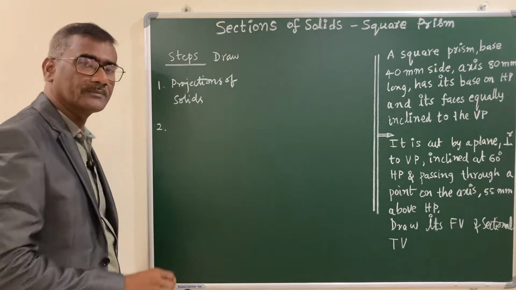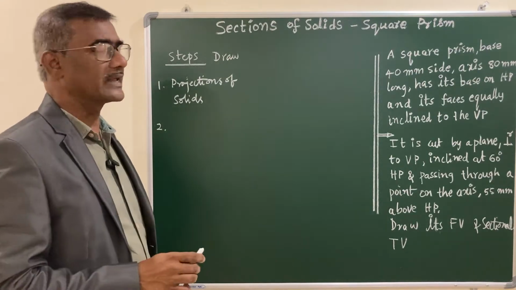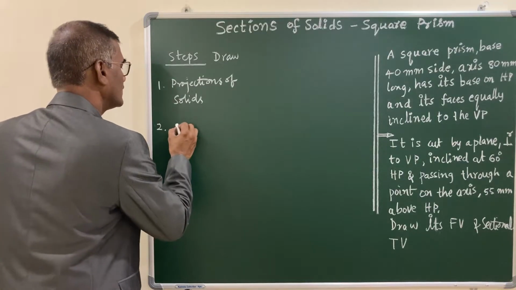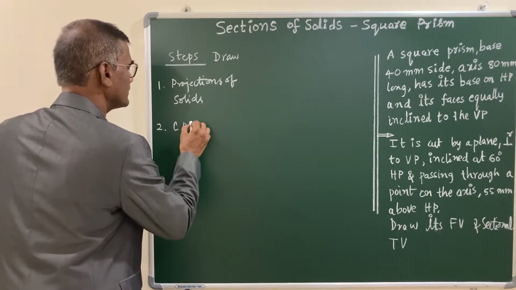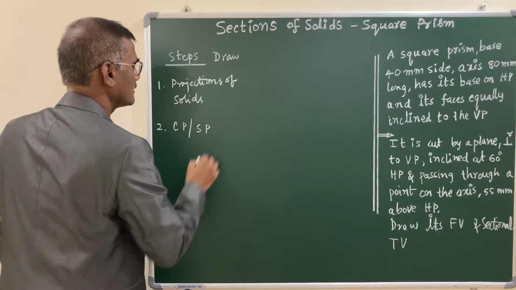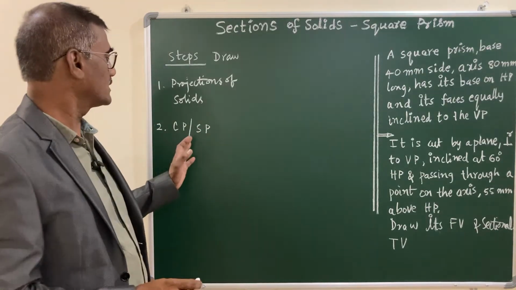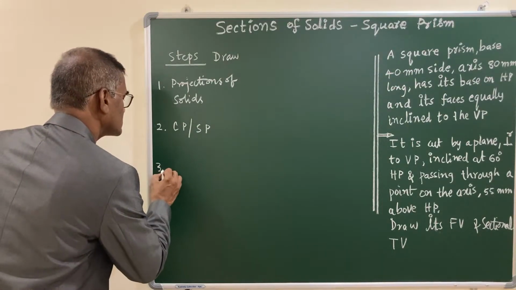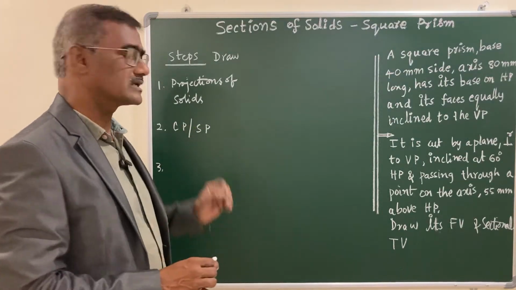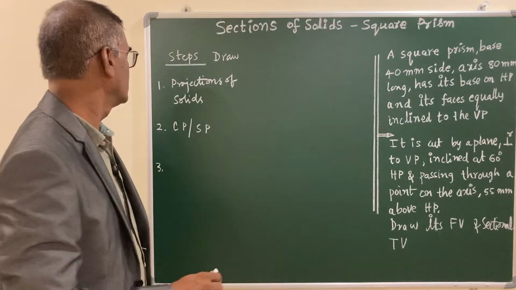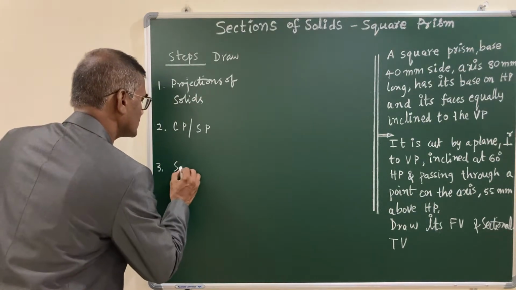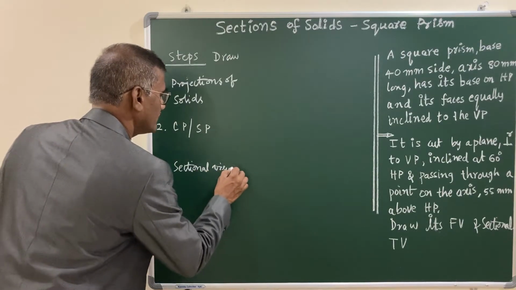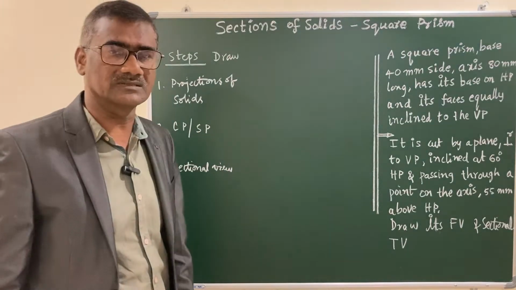And second step is draw the cutting plane or sectional plane as per the description of the problem. And third step is project this cutting plane and get the sectional view. That is your third step, sectional view. So every problem exactly we are proceeding in these three steps.